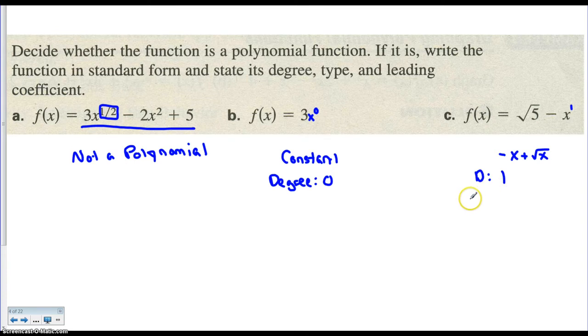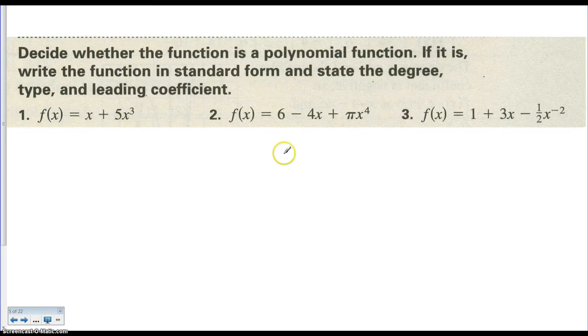And then that means the type is linear. And my leading coefficient is negative 1. So what I want you guys to try to do is try these 3 problems, and we'll go over them in class tomorrow. Thanks for listening.